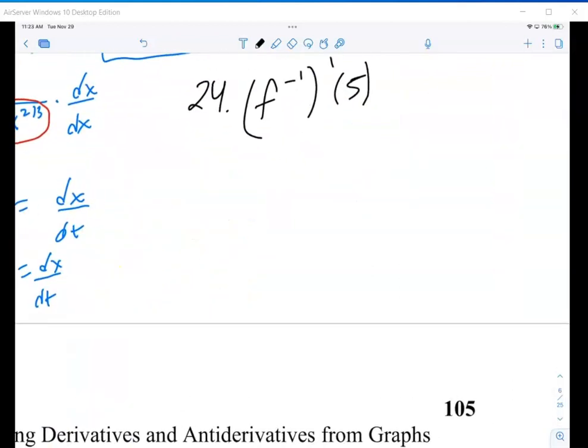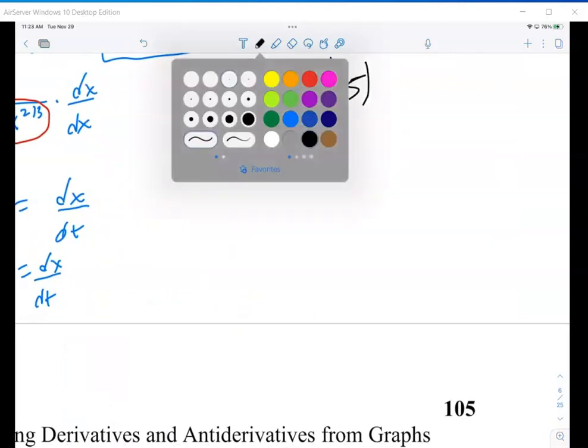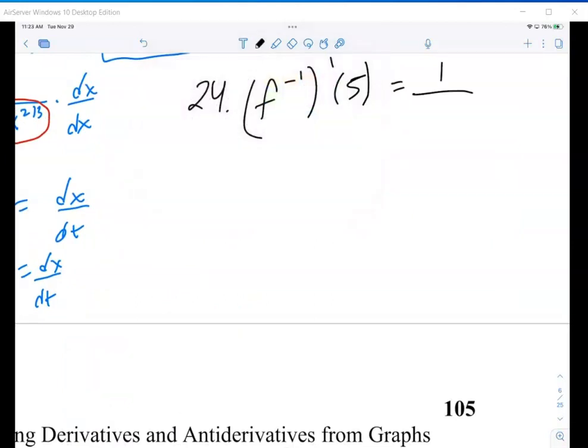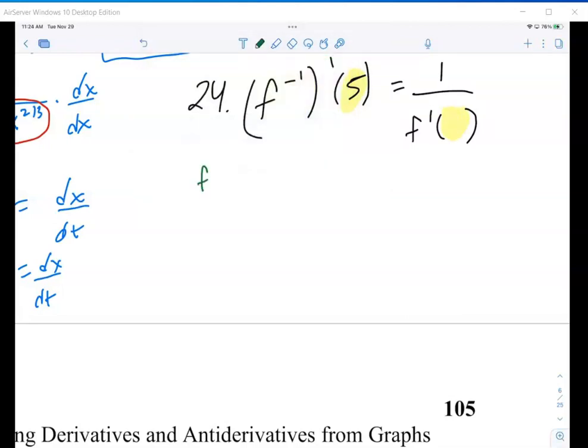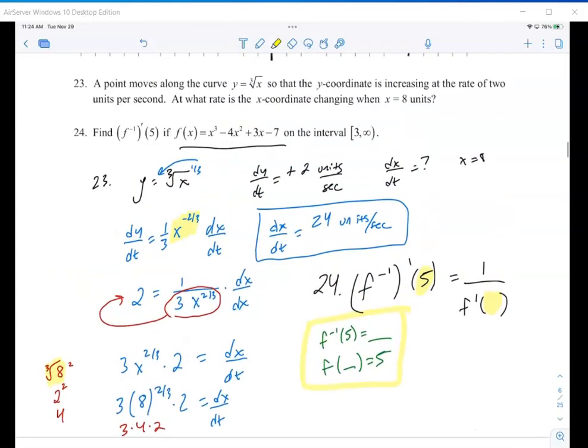Okay, f inverse prime of 5 is going to be 1 over f prime of something. And I've got this like magic point that I've got to work with, right? And what this magic point says is, okay, f inverse of 5 equals something, which means f of something equals 5. All right, so this is what I always write down for a magic point. f of something equals 5.